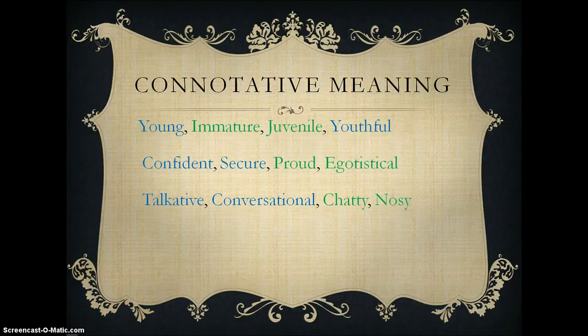You don't hear anybody praising somebody for being proud or egotistical. While confident, secure, proud, and egotistical all mean similar things, if you're trying to present a more positive story or a positive character, you probably want to use words like confident and secure, whereas you would use proud or egotistical for a bad character or a villain.